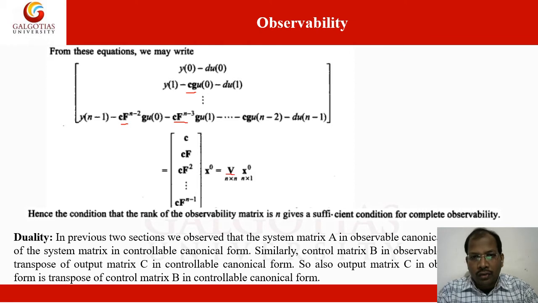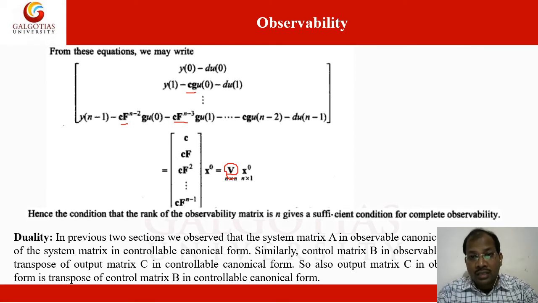So this is the V. When we take the rank and get the rank equal to n, that is equal to the order of the system, then the system is said to be observable. The condition that the rank of the observability matrix is n gives the sufficient condition for complete observability.